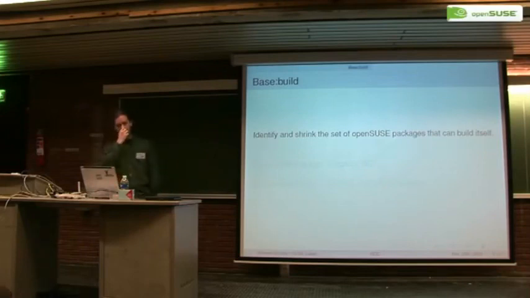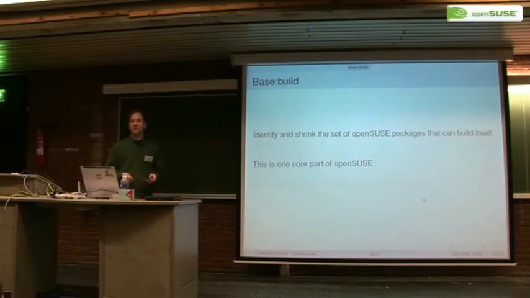So actually you get interesting dependencies of our RPMs on the installed set of packages that are not in the build requires. So we thought we need to clean that up and identify a small set of packages this way, where you don't need any other packages to build these packages. And this is of course one way to identify what is this core part of OpenSUSE.